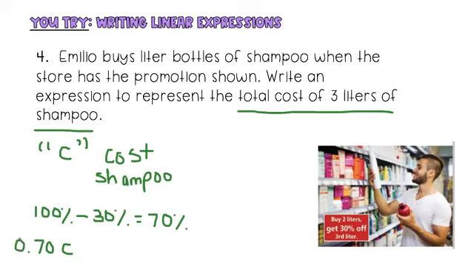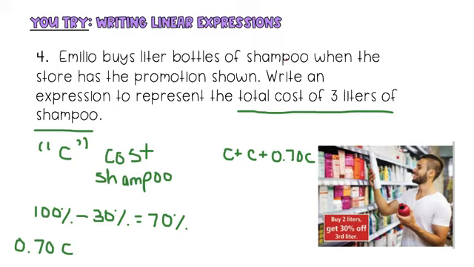Now we can piece this information together to write our expression. Okay, so buy 2 liters, get the third one 30% off. So the first 2 liters of shampoo, we're going to say C, that's 1 bottle of shampoo, plus C, the second bottle of shampoo, and then we're adding our third bottle. All of these terms have the same variable, so they can be combined.